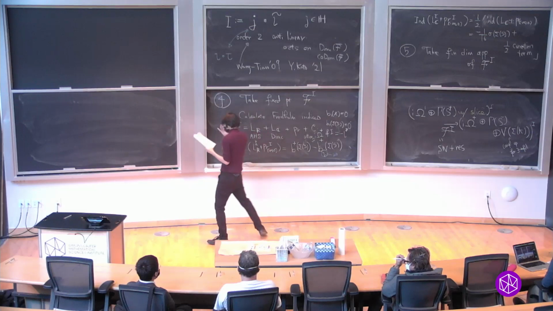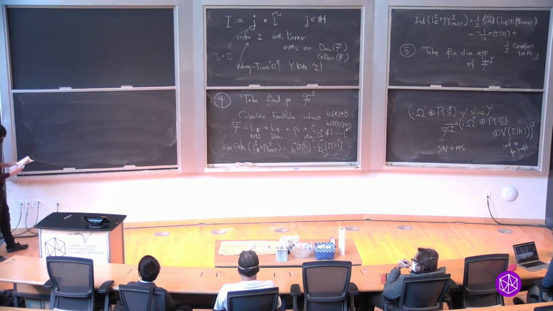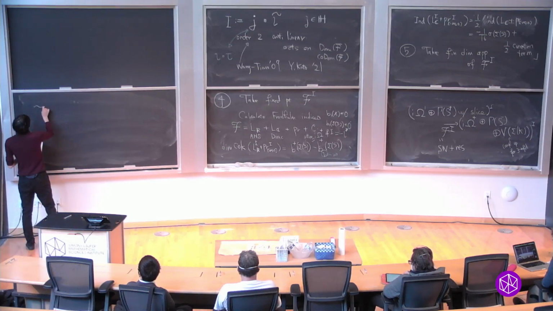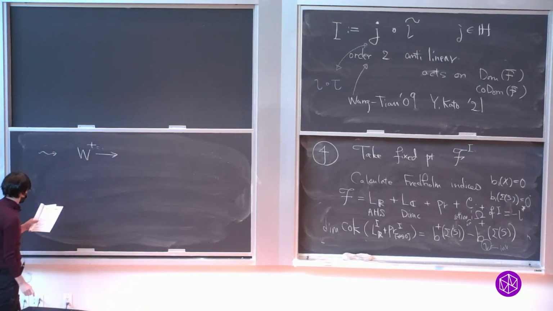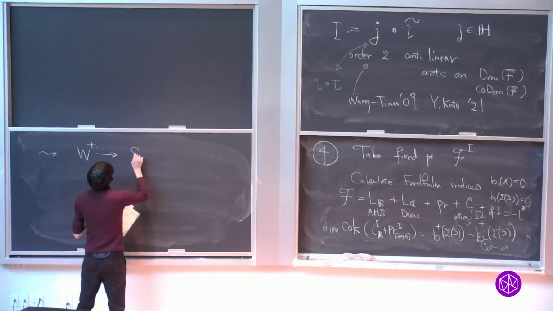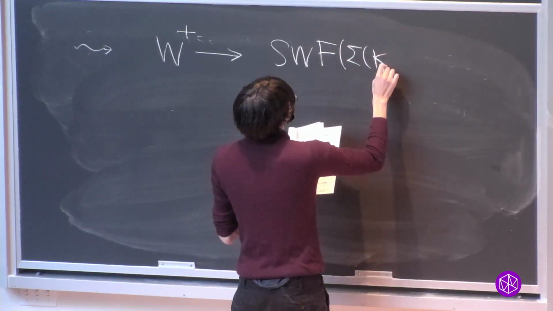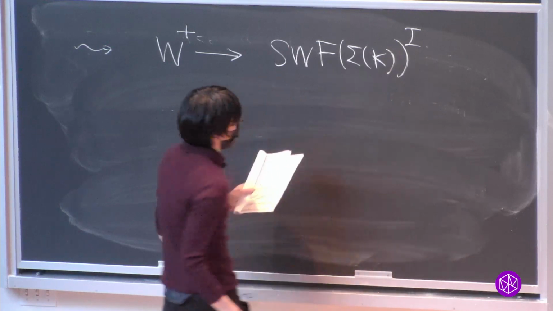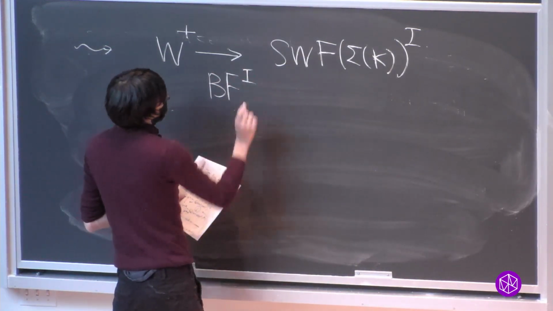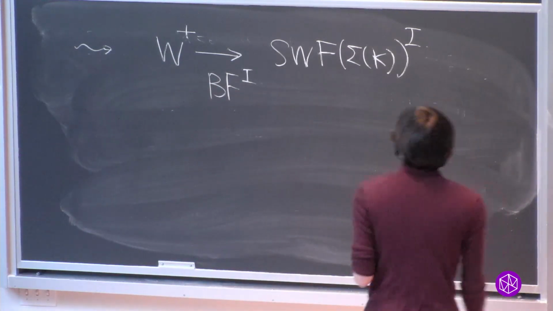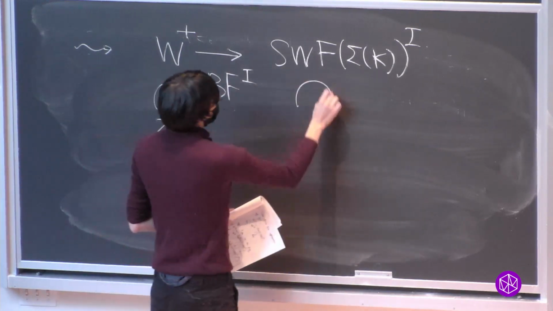So this is machinery developed by Manolescu and also Furuta and so on. Anyway, we obtain a map from some vector space to some space, the fixed point part, and this is the so-called relative Bauer-Furuta invariant.